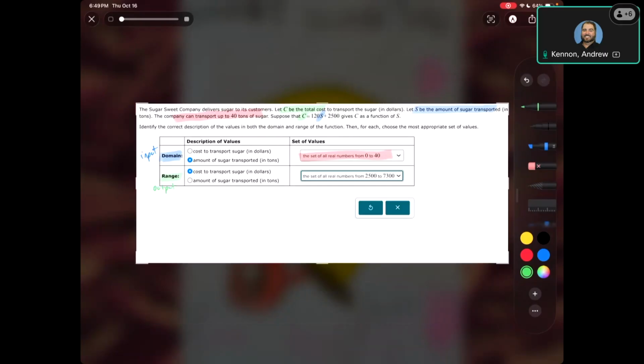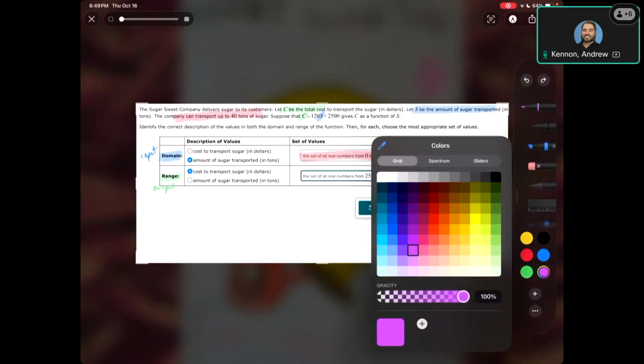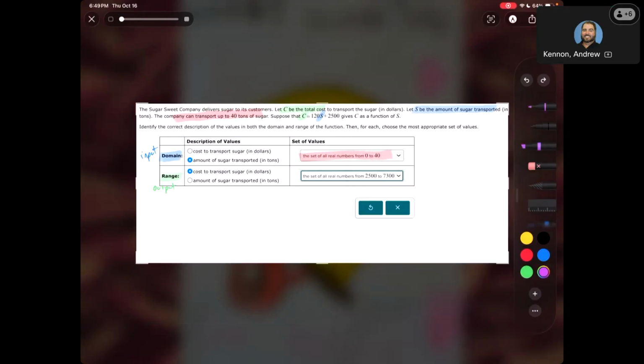Output. Okay. So 0 to 40 on this is because, I guess I could highlight that real quick too. Oh wait, I already said that. I already highlighted that. I highlighted it red. Okay, so 0 to 40 is how much I'm inputting. This right here is because if I plugged in a 0 to the equation, I would get 2500.